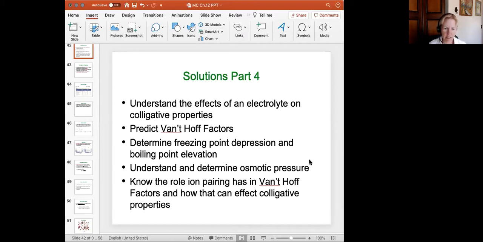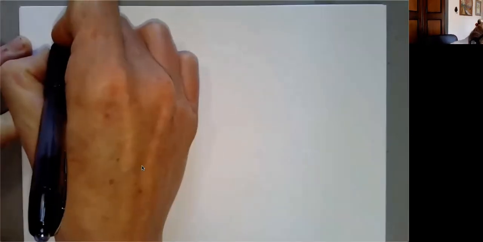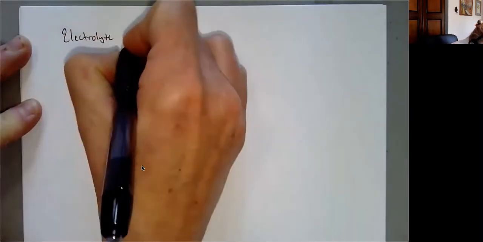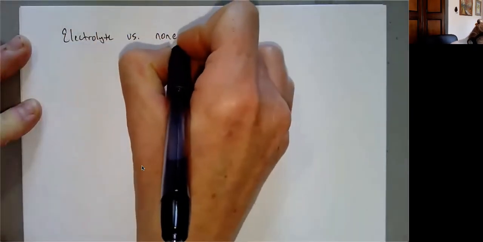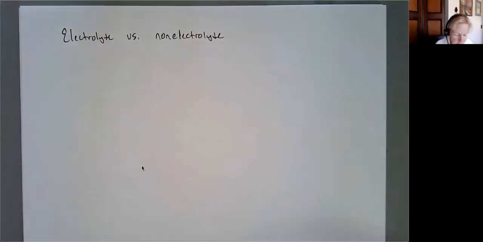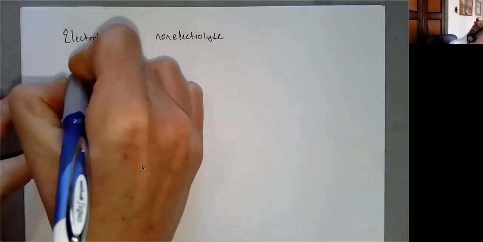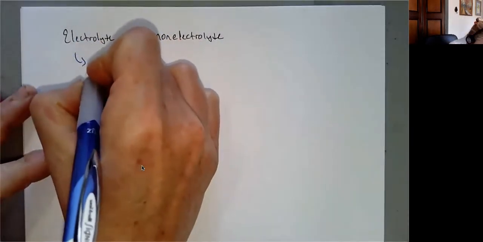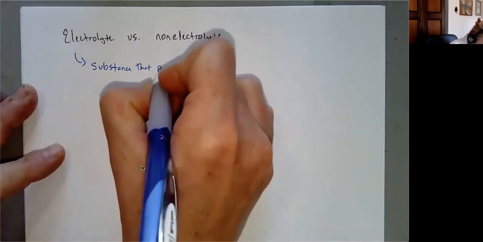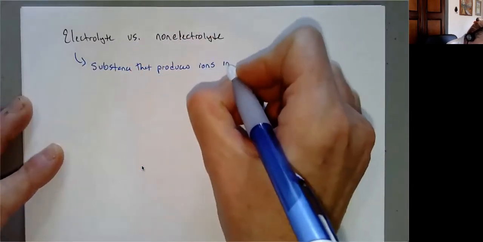So let's start and talk about what an electrolyte is. You remember from way back when, an electrolyte versus a non-electrolyte. An electrolyte is defined as a substance that produces ions in solution.